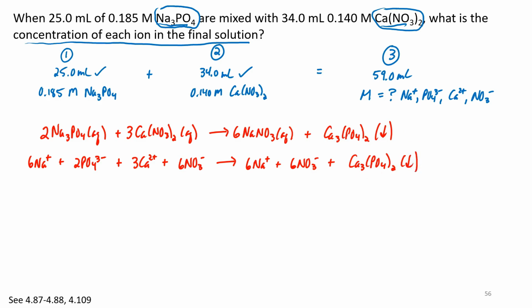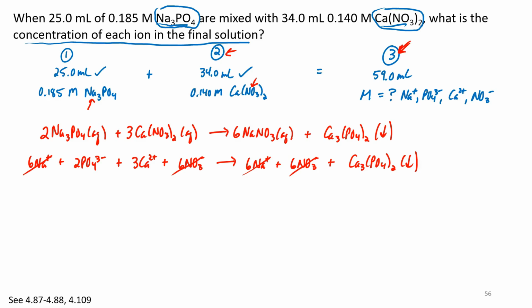So yes, indeed, the spectators are sodium and nitrate. They did not participate in the reaction. Sodium simply got poured from beaker number 1 into beaker number 3. And nitrate likewise got poured from beaker number 2 into beaker number 3. In other words, those spectators, sodium and nitrate, just got diluted.